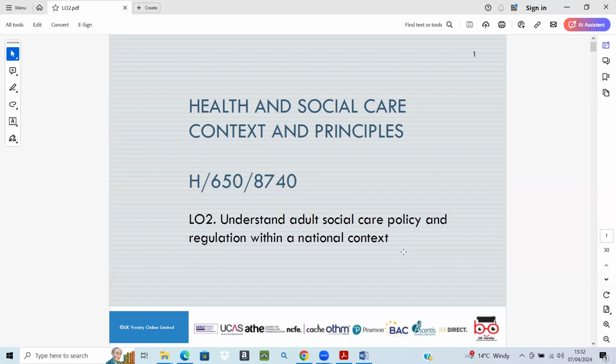Then we have regulatory bodies, like the Care Quality Commission, CQC, in the UK, which ensure that care services meet quality and safety standards.